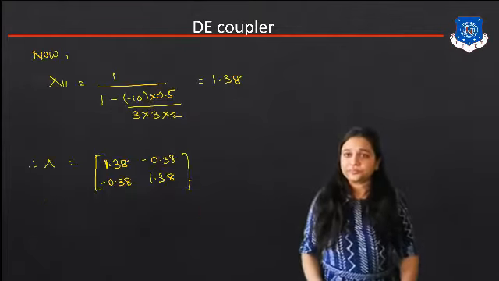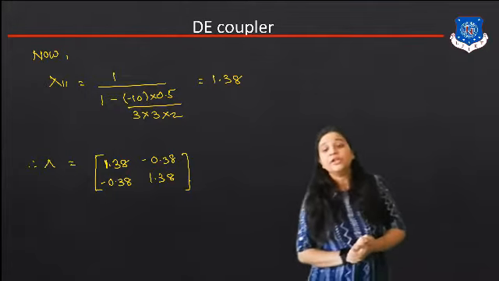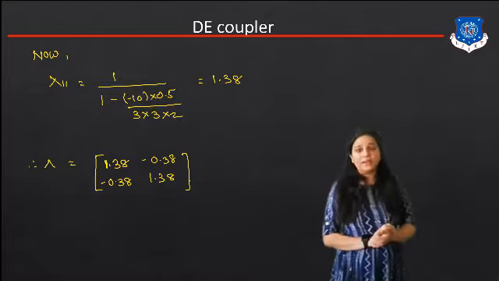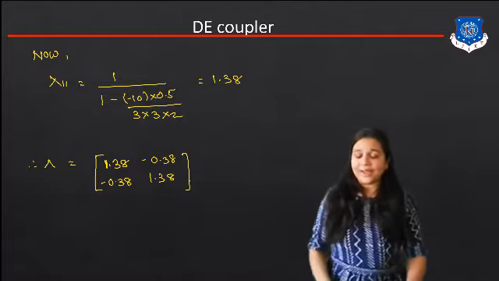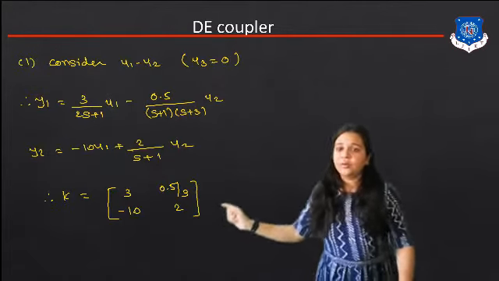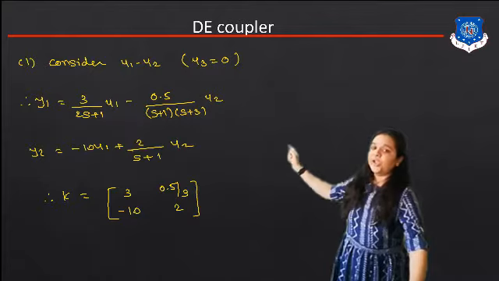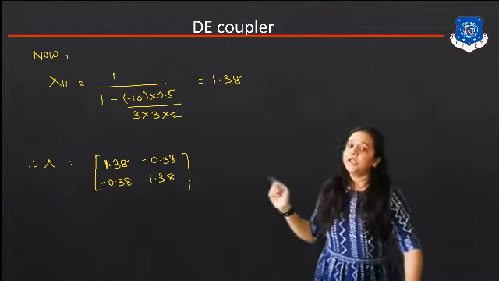And now we have to find the value of lambda 1 using the RGA theory. So what is the equation? 1 upon 1 minus (minus 10 into 0.5 by 3) divided by (3 into 2).